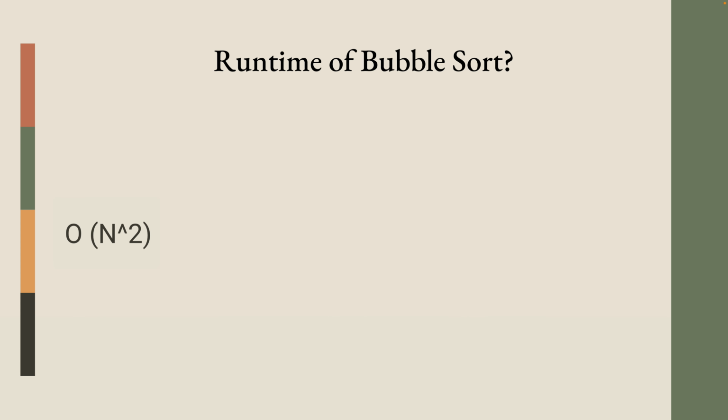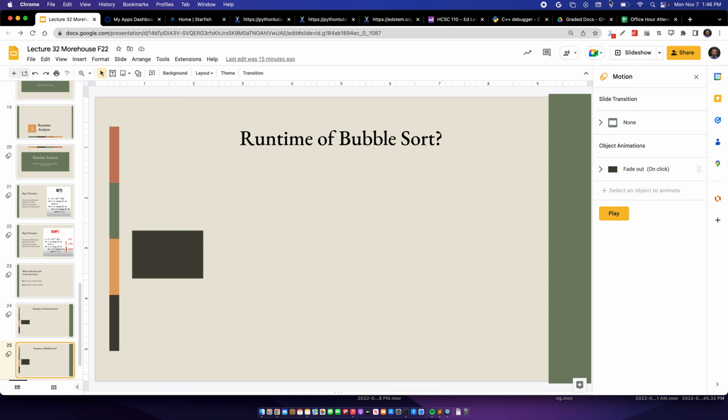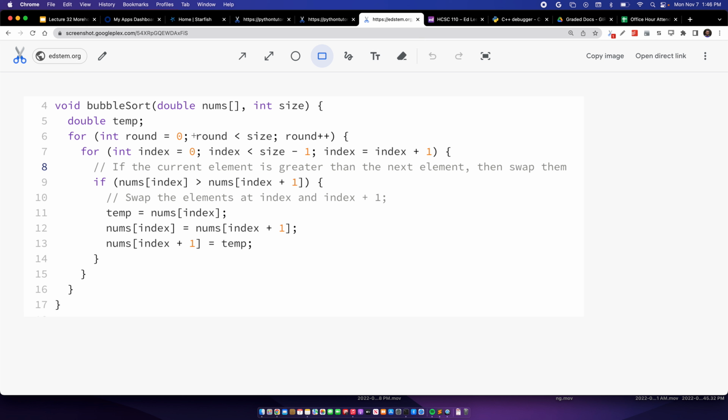Is there a specific part you're unsure about? So for the bubble sort, essentially we said size is the same thing as n. If n was equal to 100, this outer for loop is going to run 100 times. And then this inner for loop is going to run 99 times.